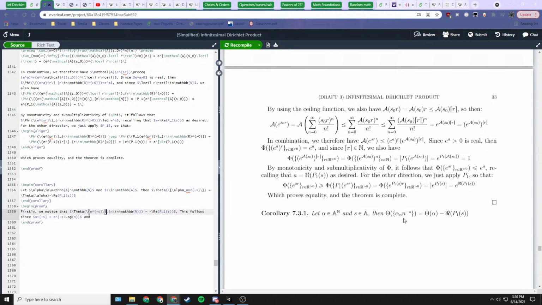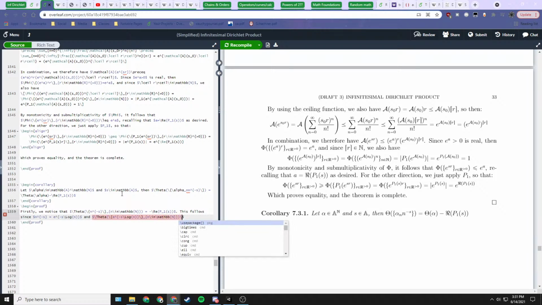And then theta of this whole sequence where we use this expression, actually no, this is fine.